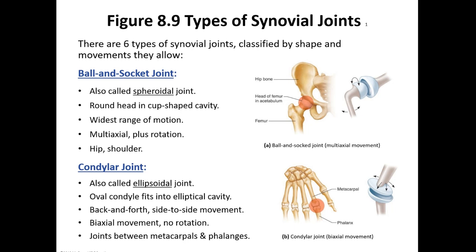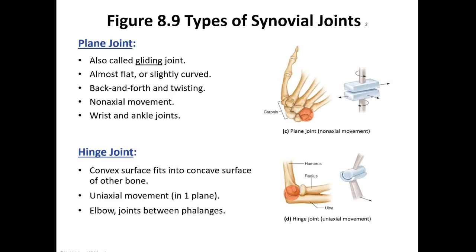Another example of synovial joint is the one called plane joint. So these plane joints are found between our carpal bones. So the carpal bones, there are 8 of them. The joint type that exists between them is called plane joint. This joint allows us to twist, okay, and then move our wrist forward and backward.